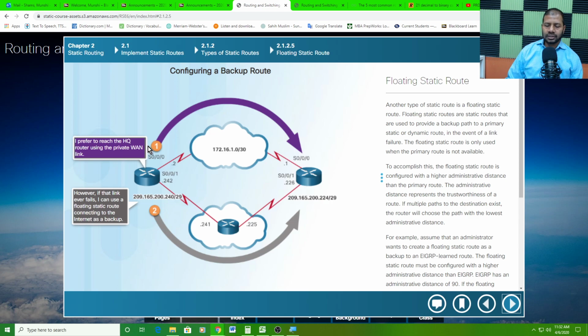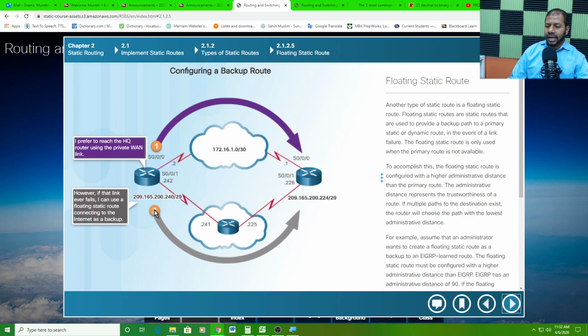For example, if you write this purple route as ip route, then the network you are going to, then the subnet mask, and then your exit interface, it's going to have an administrative distance of 1, because it is a static route, a manually written route. Static routes always have an administrative distance of 1.